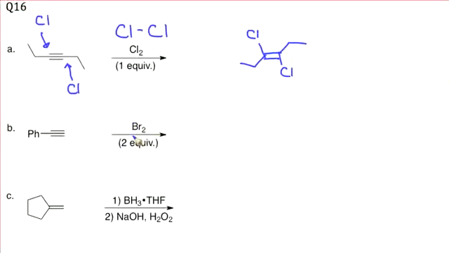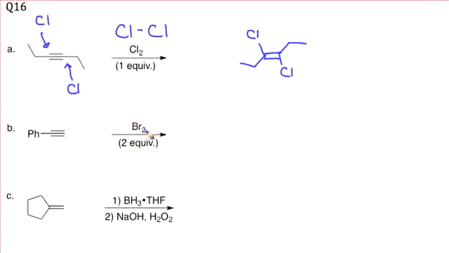In the second question, it's not much different except 2 equivalents of bromine are added. So we get addition of the first equivalent to go from the alkyne to the alkene like we did above. And then we get addition of the second equivalent to go to the alkane.